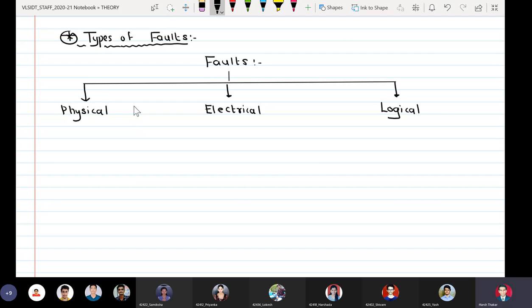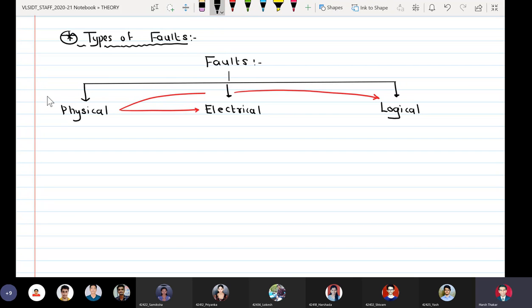Understand that physical faults in design or in the fabrication ultimately lead to both electrical faults and also logical faults. So physical faults are a cause and electrical and logical faults are an effect, but ultimately they are faults.